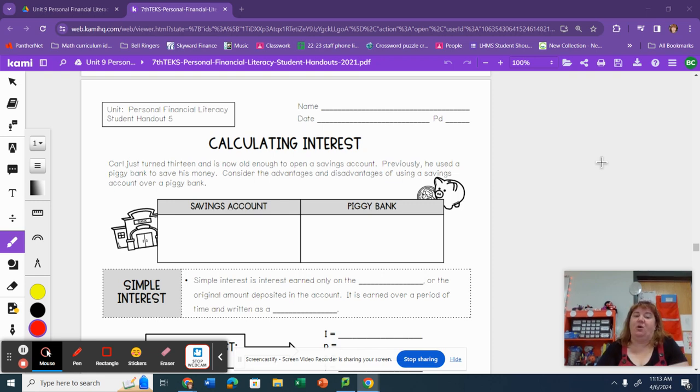So let's talk about why a savings account is better than a piggy bank. A savings account earns interest. So you actually earn money on your money, okay? Whereas in a piggy bank, you do not earn interest, okay?